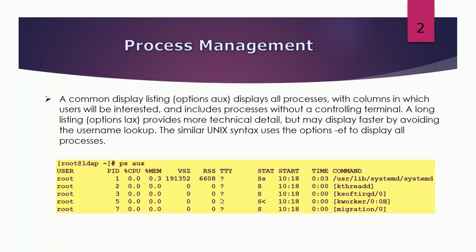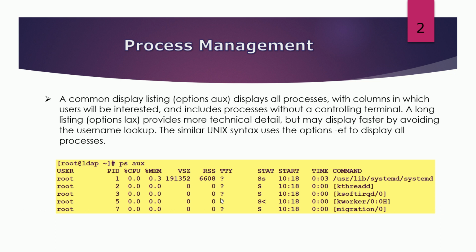The next is the common display listing option. This is a very common command, ps -aux, and it will display all the processes with columns in which the users will be interested, and includes processes without a controlling terminal.